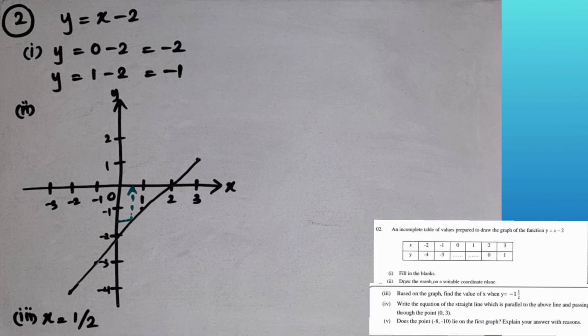Then in fourth part, write the equation of the straight line which is parallel to the above line and passing through the point 0, 3. Parallel means the gradient must be the same.